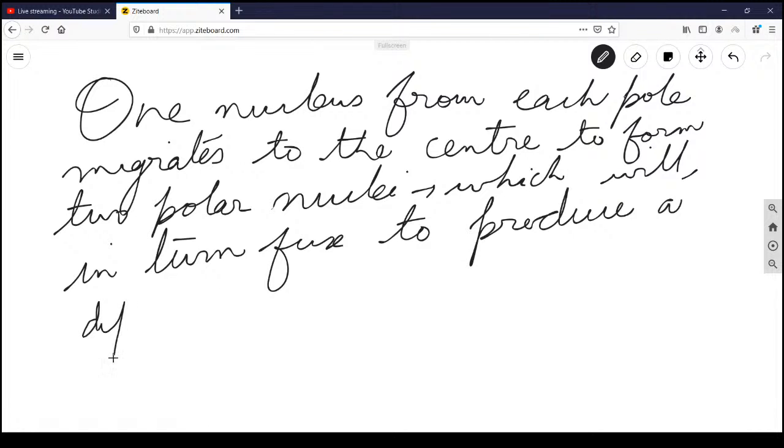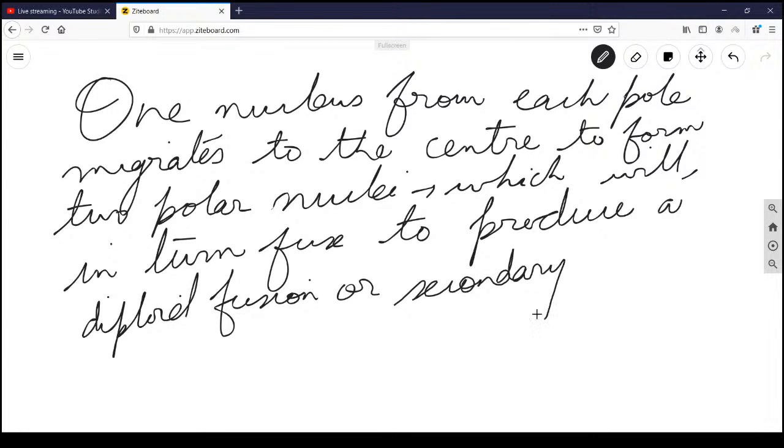You can call it a diploid fusion nucleus, or you can call it a secondary nucleus. And that is what it will do.